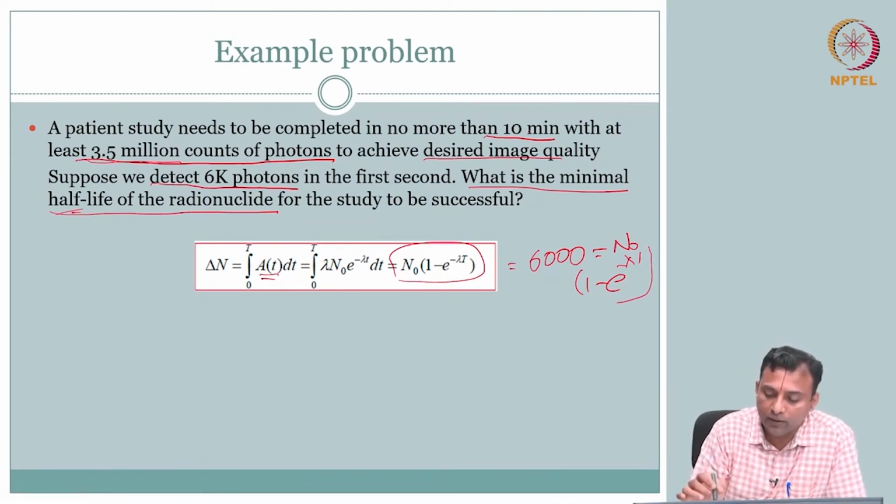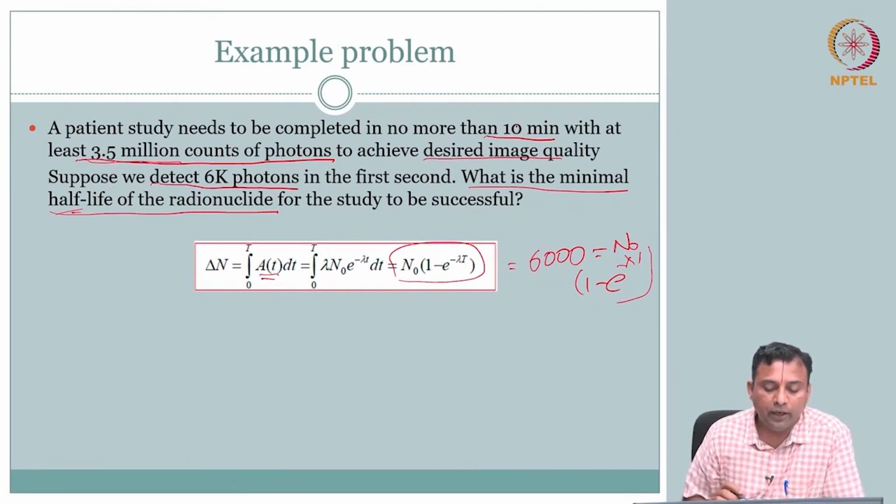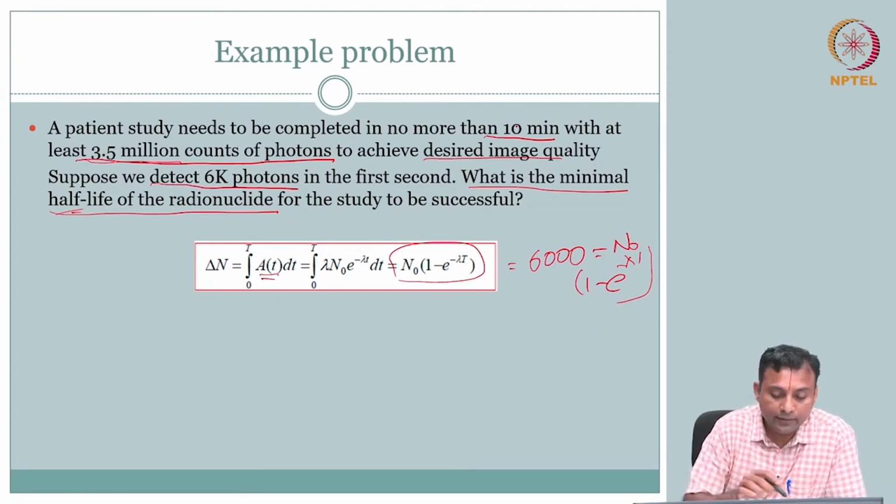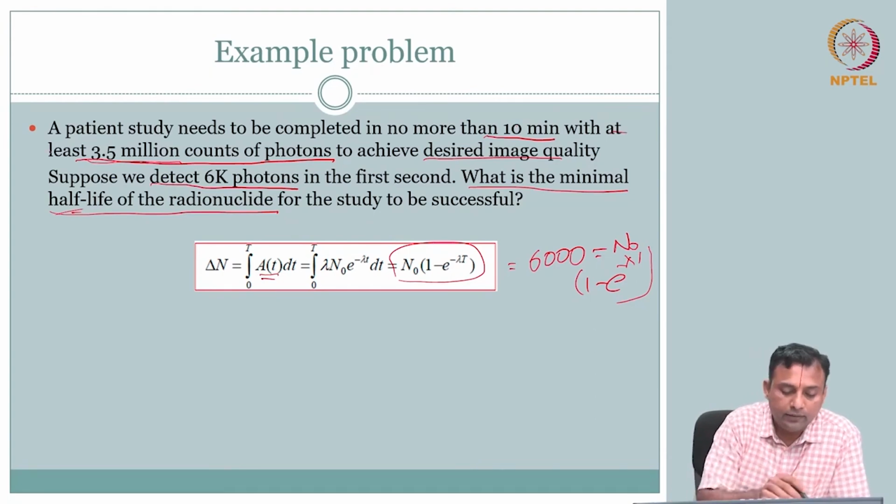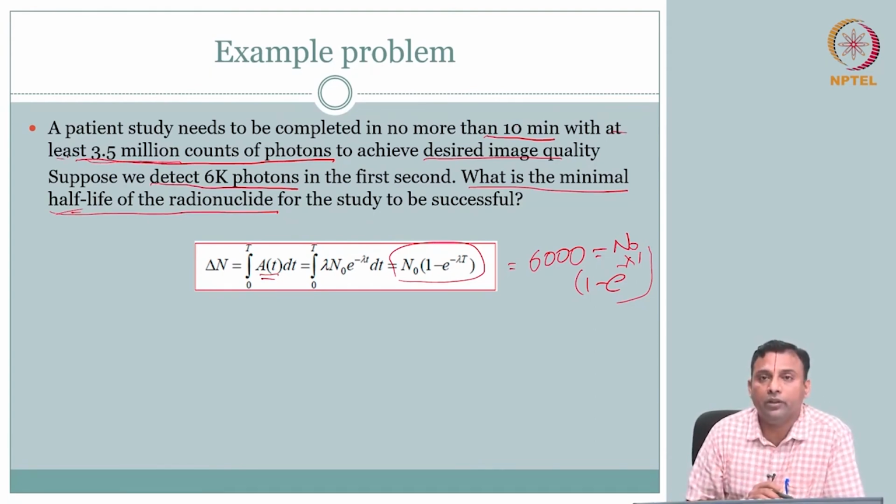What is required? In 10 minutes I want at least 3.5 million counts. So this is again your delta n, 3.5 million. Can it be equal to?